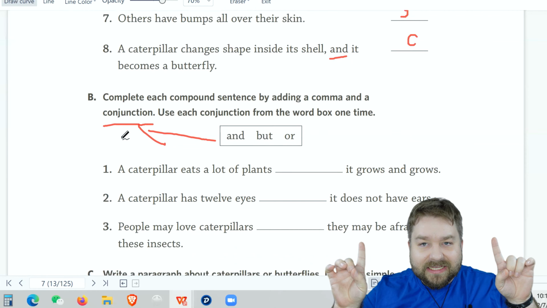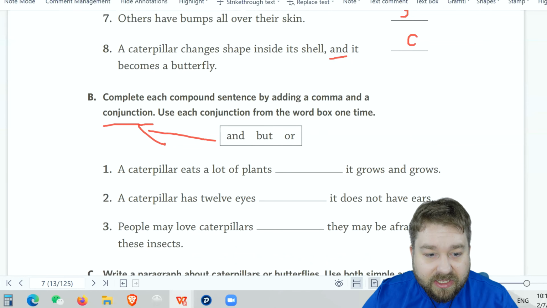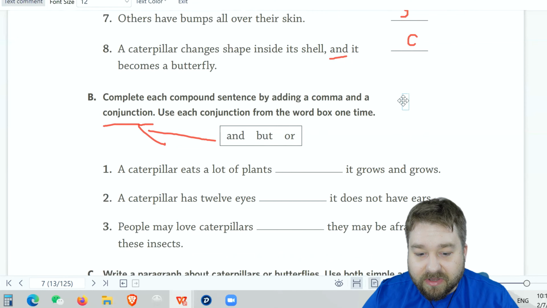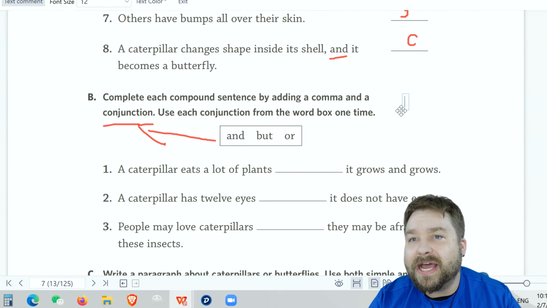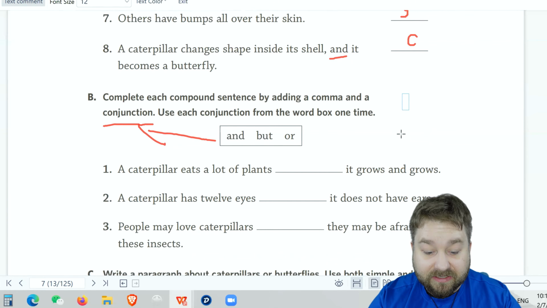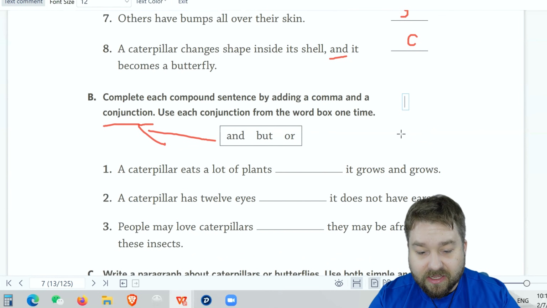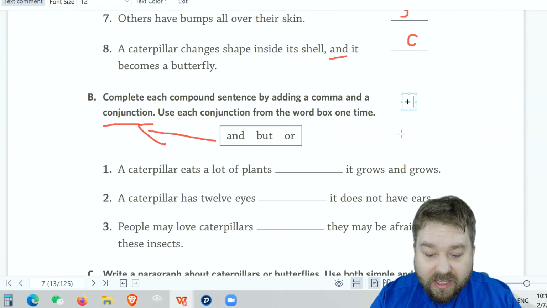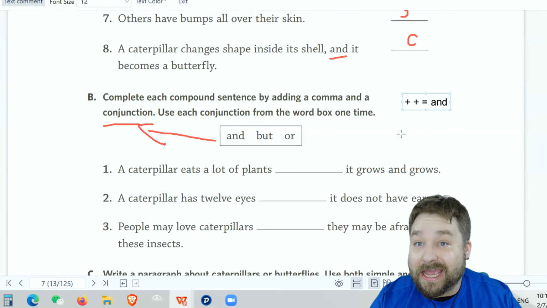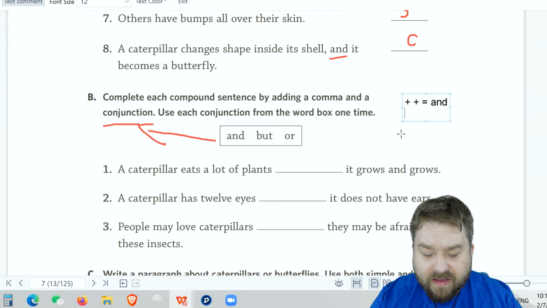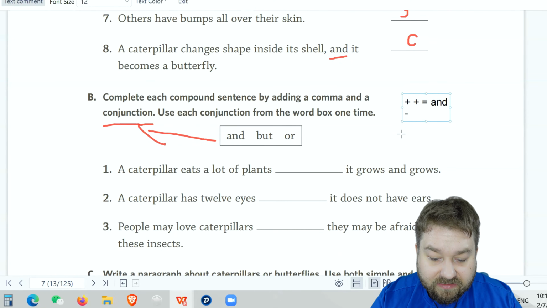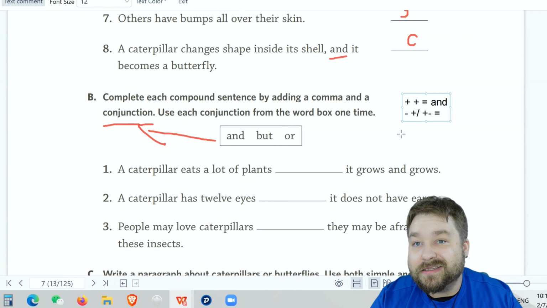We have to think about these ideas. So remember, here's a cheat sheet. So if we have to join two ideas together and they're both positive, so we have this and we have this, I want you to think positive and positive is and, okay? Now if we have a negative and a positive, or a positive and a negative, this is but, okay?